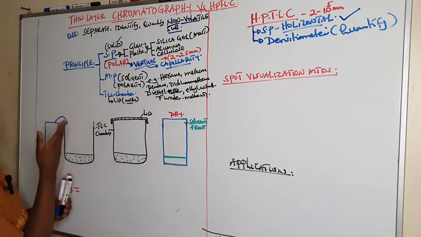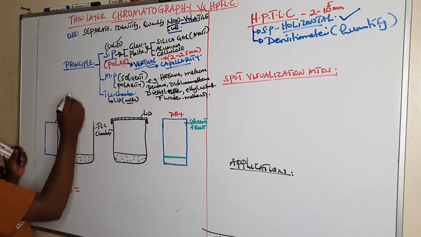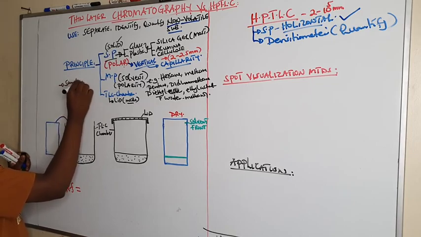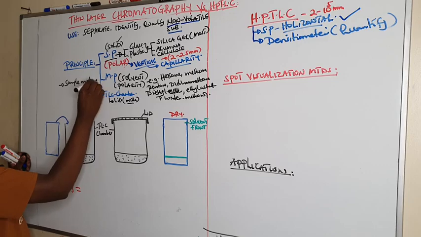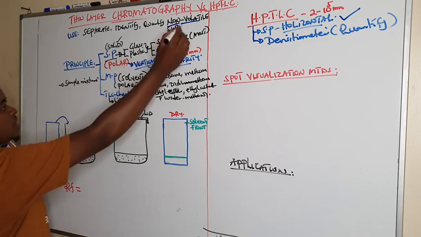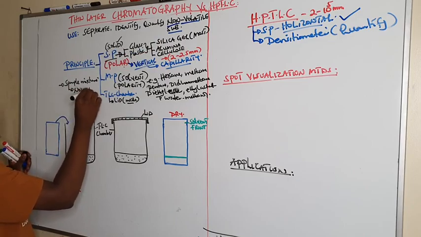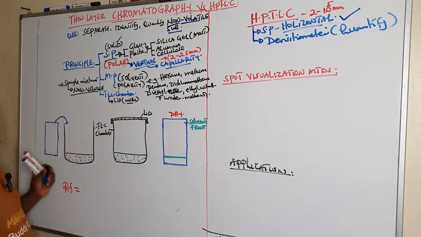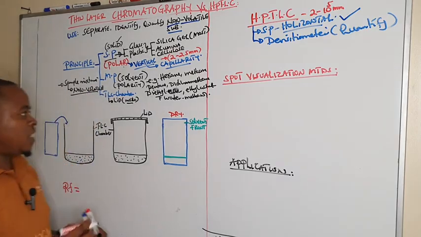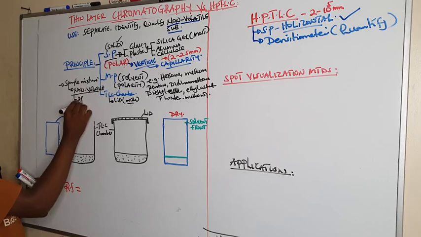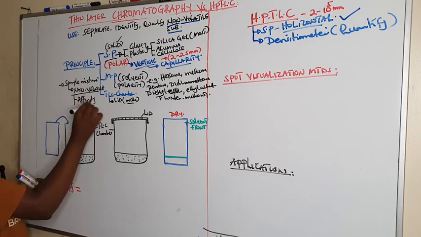Then lastly, under the components, what we shall also need is the sample mixture. And this sample mixture, as we said in the beginning, the sample we are separating must be non-volatile. And the separation is going to depend on the affinity. So these samples are going to be separated depending on their affinity to the stationary phase.